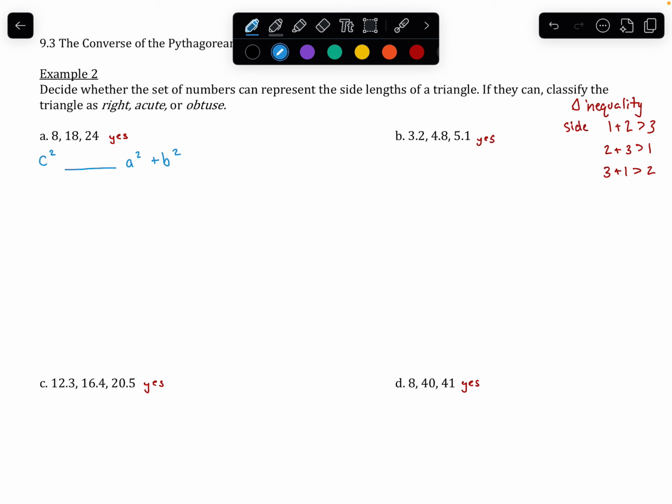My c here is going to be 24 because that's the largest, so 24 squared, and I have 8 squared plus 18 squared. 24 squared is going to be 576. 8 squared is going to be 64. 18 squared is going to be 324. If I do 64 plus 324, I'm going to get 388. Then I have 576. What is bigger? 576 is bigger, so this is obtuse.